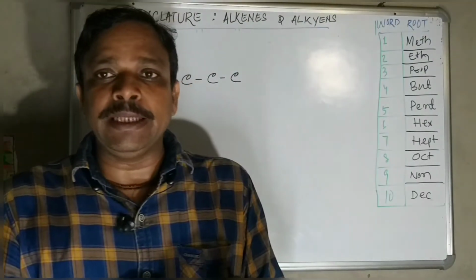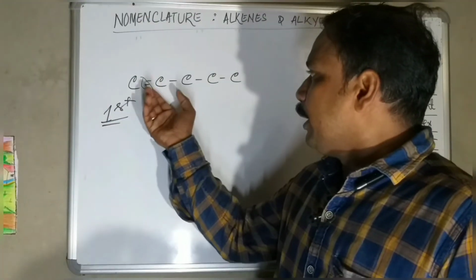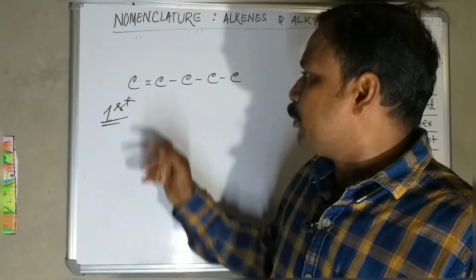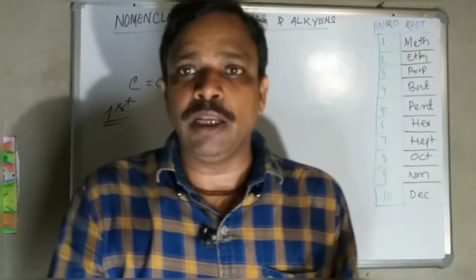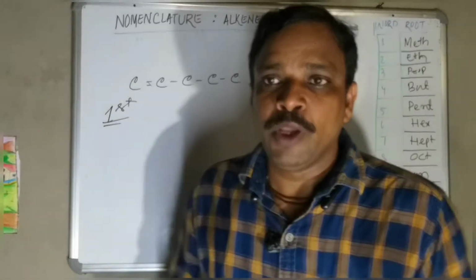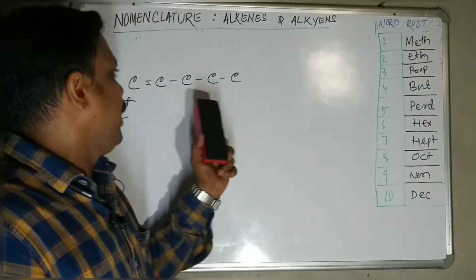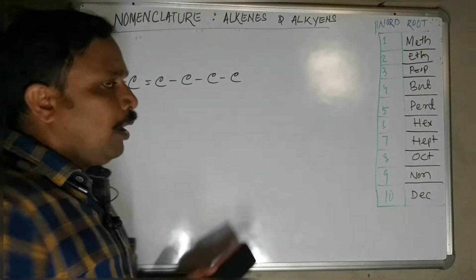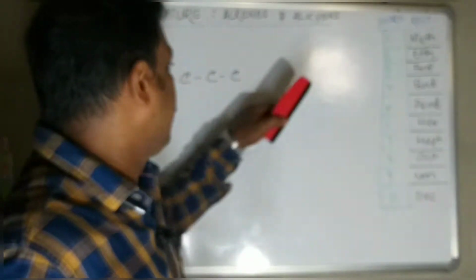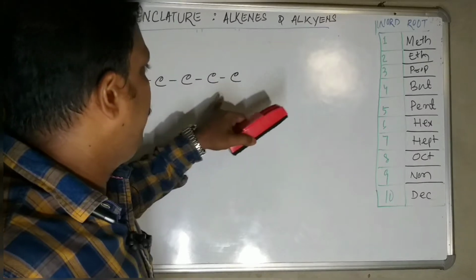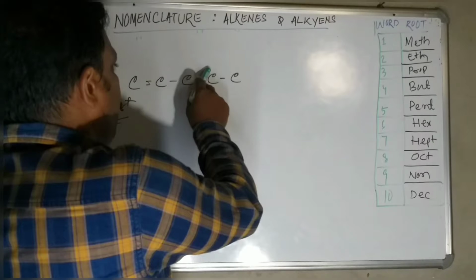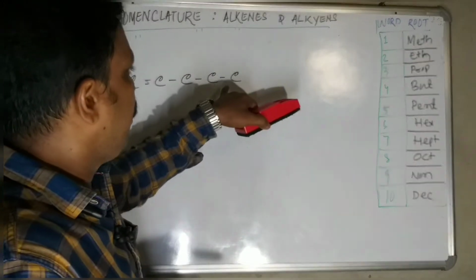In this case, the double bond is the functional group. The longest carbon chain should contain the functional group. So we can start counting from the left hand side or right hand side. How many carbon atoms are in this chain? Here, 1, 2, 3, 4, 5. This is the root word.